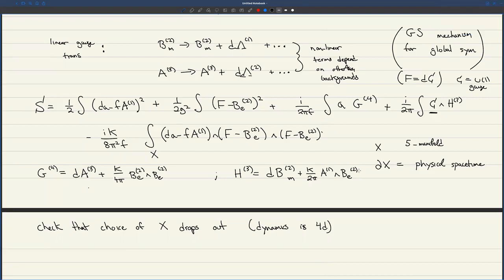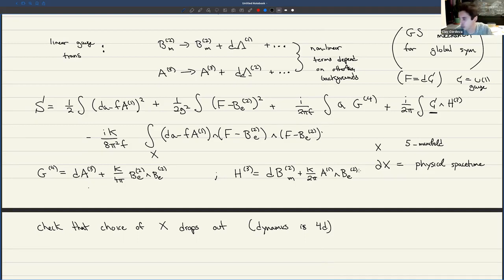Okay. But practically speaking, all that means is that they themselves are flat. So there's a field strength H3 for the magnetic one, but not for the electric one. I see. Okay. Thank you.